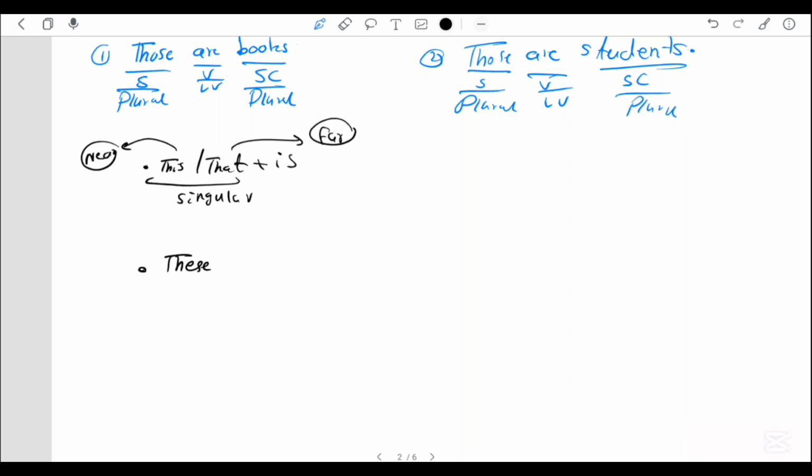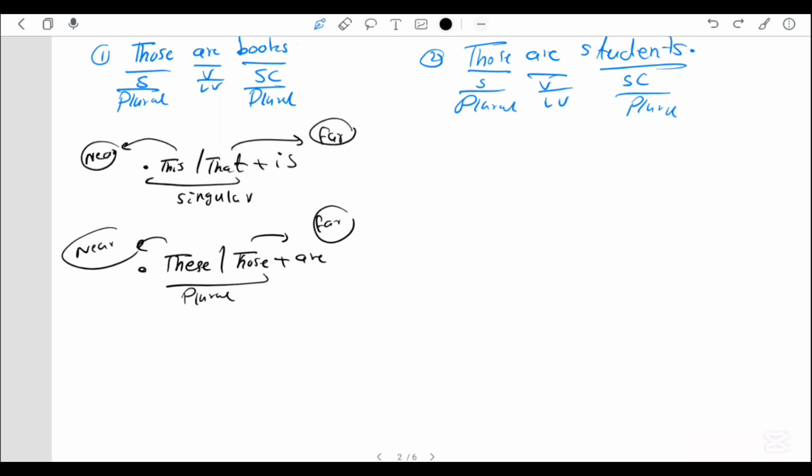And we use these and those with are, and both of them are plural. We use those with something far, we use these with something near, but plural. So this is the basic idea about this lesson.